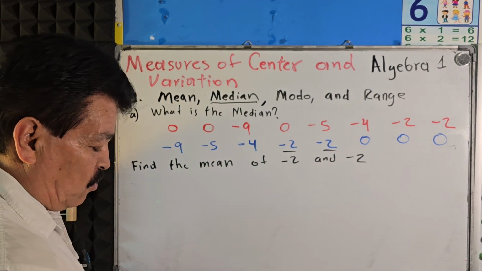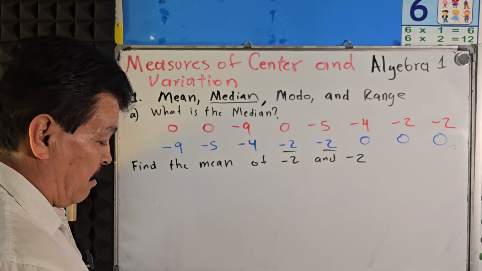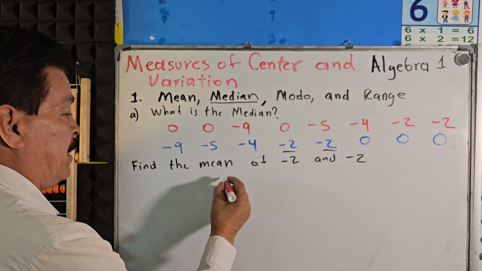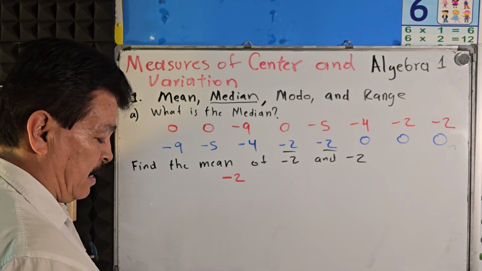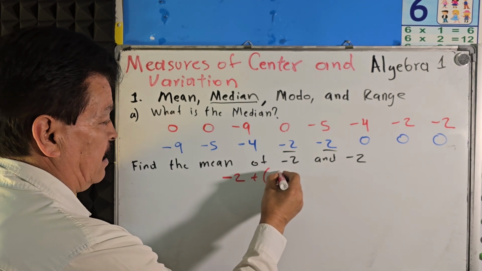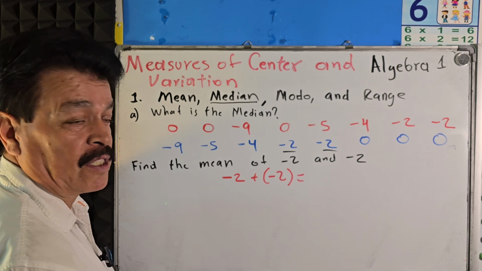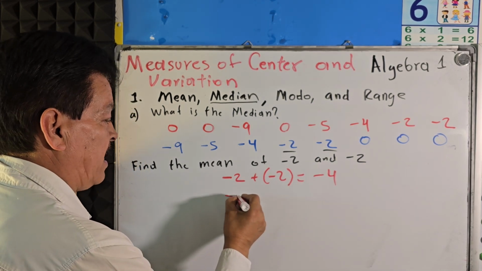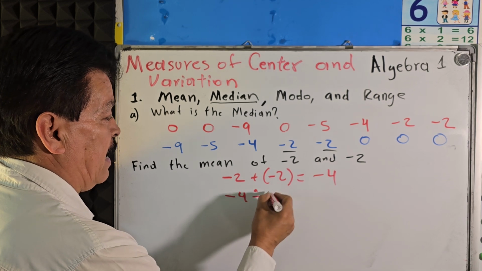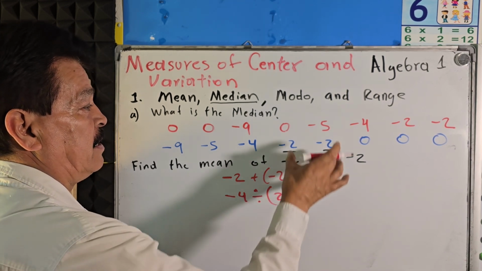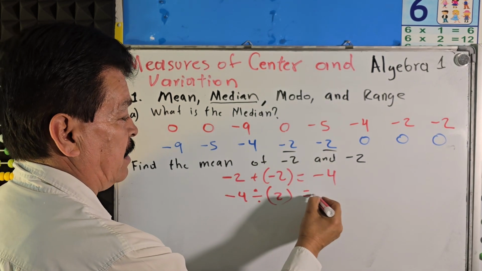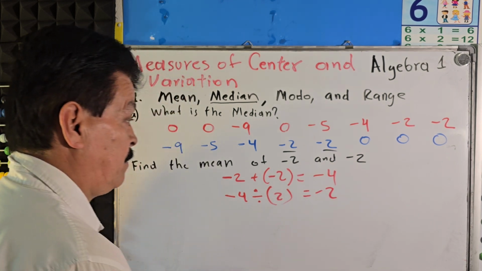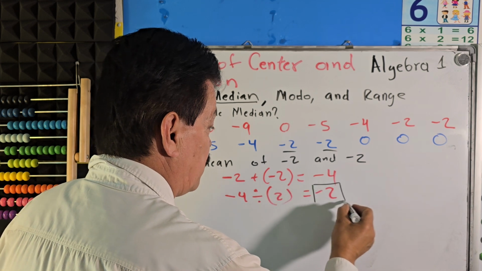The way to find the median in our problem is to write -2 plus -2. This equals -4, right? Now we divide -4 by two numbers. This equals -2.